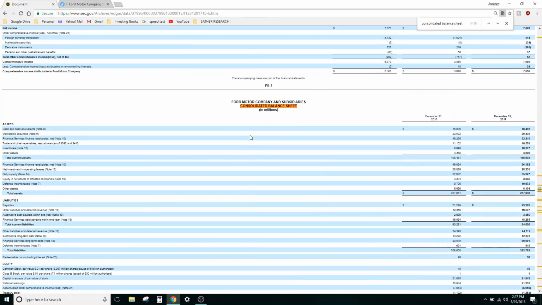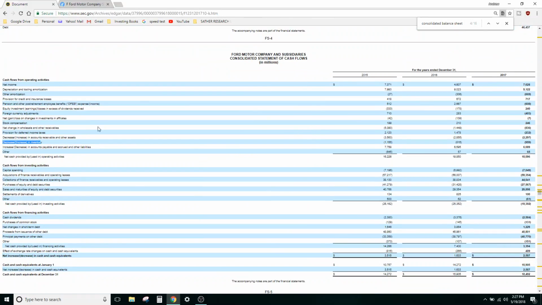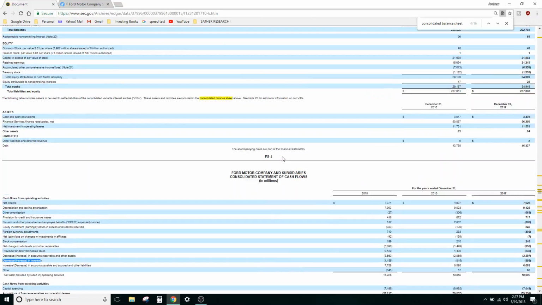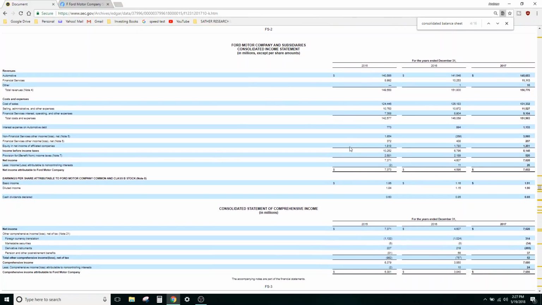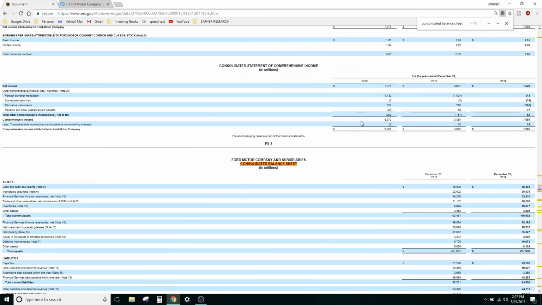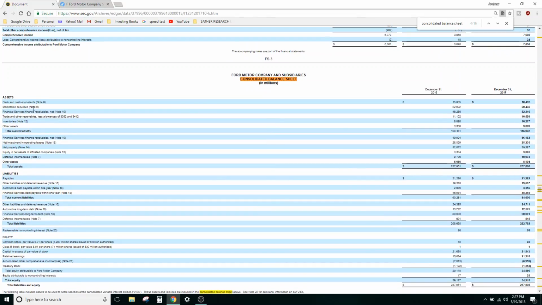If you go up here, what's nice about the cash flow statement, I guess, is that a lot of the stuff that's in here, you'll also see up here. So that can help you understand it sometimes. Their inventory is going to be in current assets on the balance sheet. Here are their inventories. You can see they increased it by, and I have to remember, 2017 is over here, not over here.